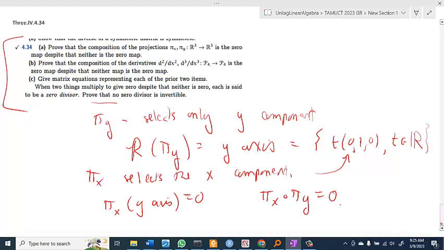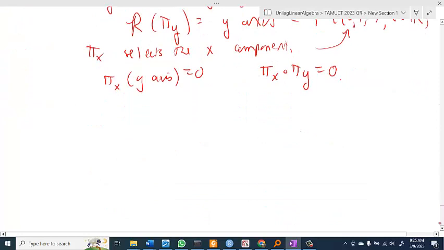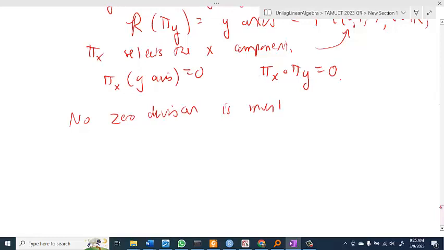Here he says, prove that no zero divisor is invertible. When two things multiply together to give 0 despite neither being 0, he says that's a zero divisor. I don't know if anybody actually did this. I haven't seen it yet. This is kind of an interesting problem, so let me give you an indication of how to think about this.